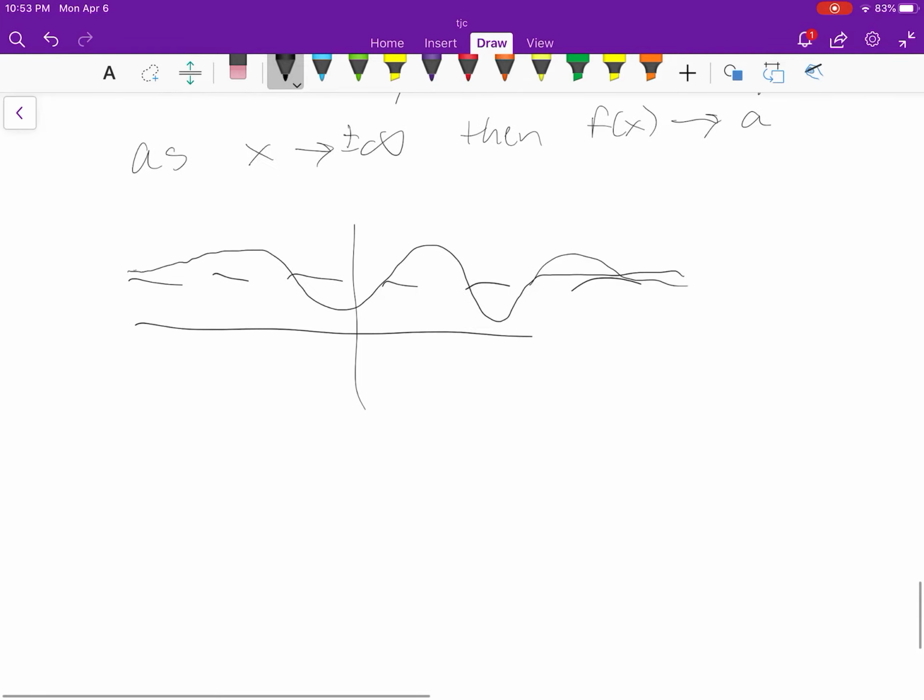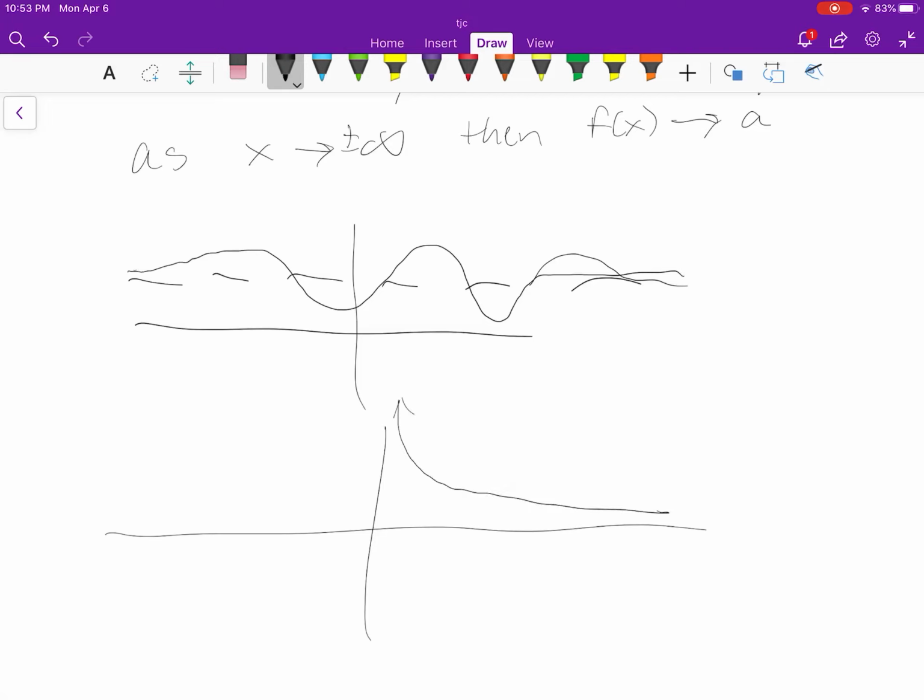It also doesn't mean that you have the same behavior on both ends. There's such a thing where you might not have any behavior on the left-hand side, but we're approaching 0 in the horizontal asymptote over here. It could just be because the function's only defined for positive numbers.